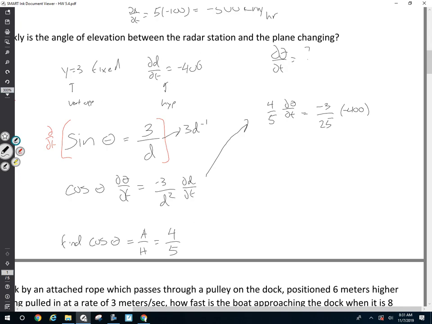Okay, I can solve for d theta/dt. I got -3 times -400 times 5 over 25 times 4. So like multiplied by the 5, it comes up, divided by the 4. This goes to 100. This goes to 1/5. So it's -300 over 5.